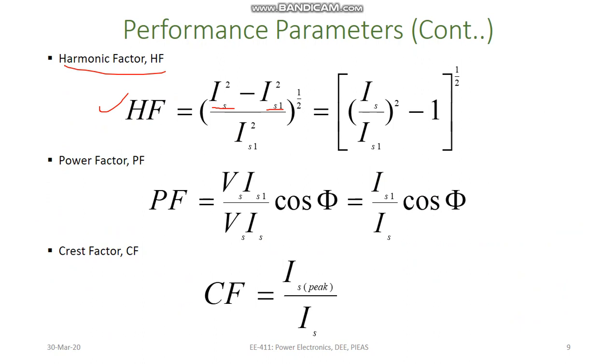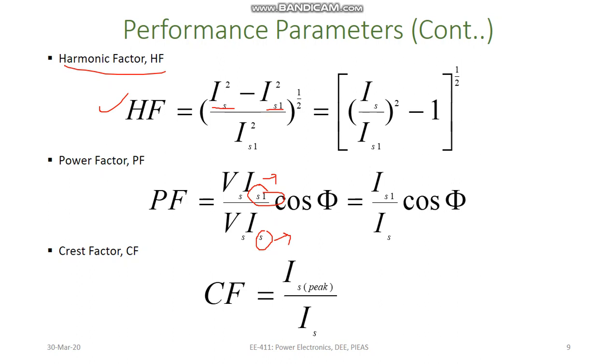The next is power factor. Again, the definitions of Is1 and Is remain the same: the fundamental component of the input current, and the RMS value of the input current. The fundamental component is i equal to Im sine of omega t.